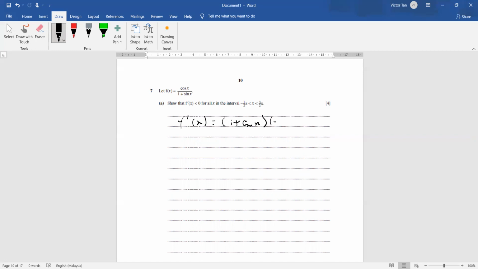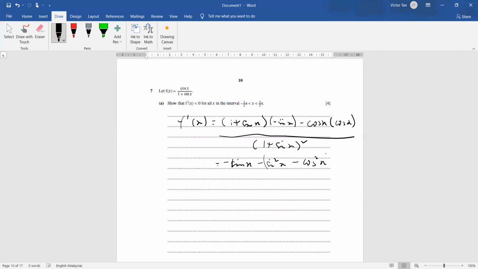Differentiate cos x is minus sine x, times 1 plus sine x, minus cos x times the derivative of 1 plus sine x, which is cos x. Over 1 plus sine x squared. So here you have minus sine x minus sine squared x minus cos squared x.